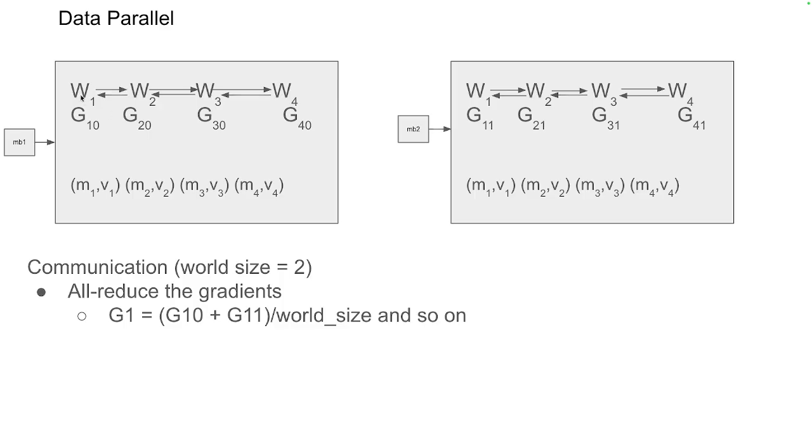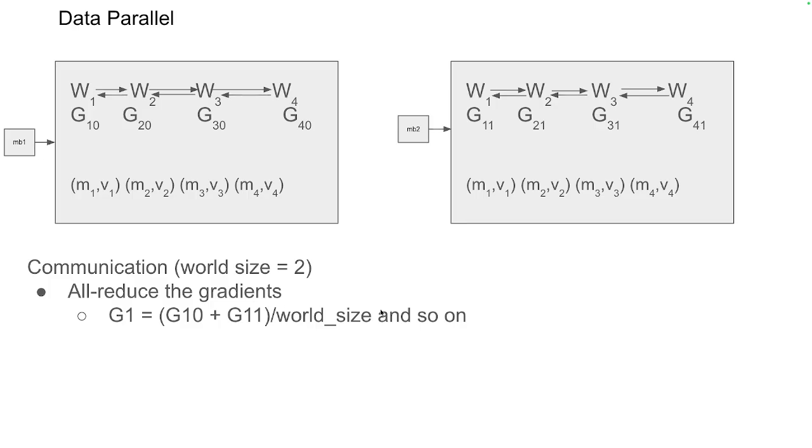We do a forward pass through here for micro batch 1, and concurrently micro batch 2 also does a forward pass, and then we do a backward pass for each of them. Now these gradients are only for their respective micro batches. So this G10, G20 are only for micro batch 1.